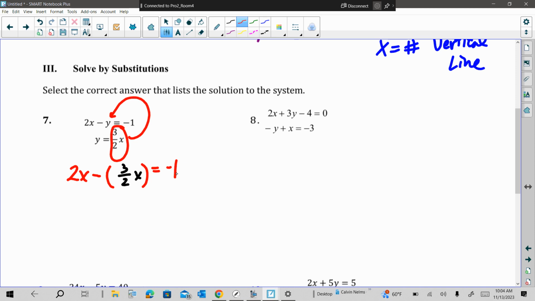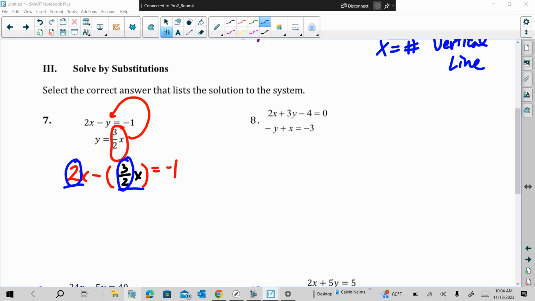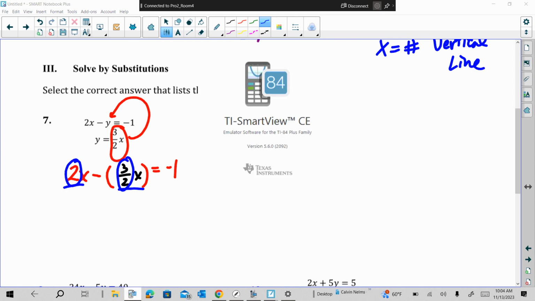If you want to change it to a decimal, you can, but you can do this in the calculator because we're doing 2x minus 3/2 x. That's really like looking at the coefficients, 2 minus 3.5. So if I go to my calculator, you could use the alpha y equals button to do your fraction.